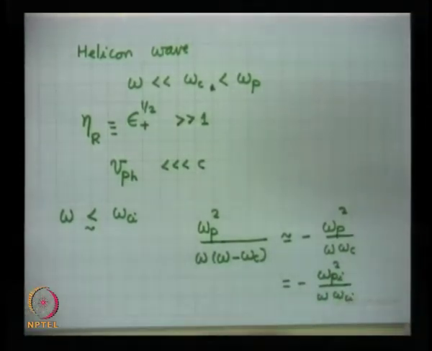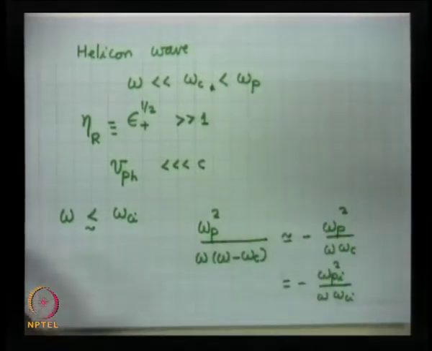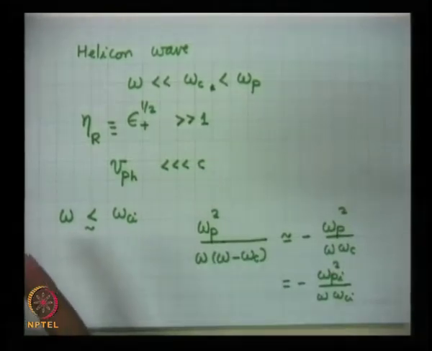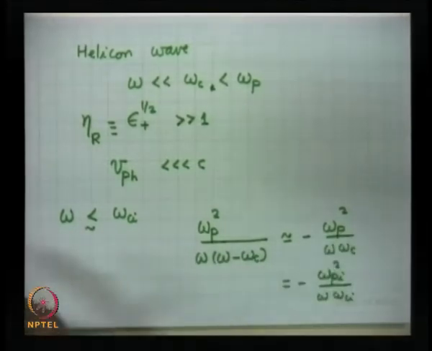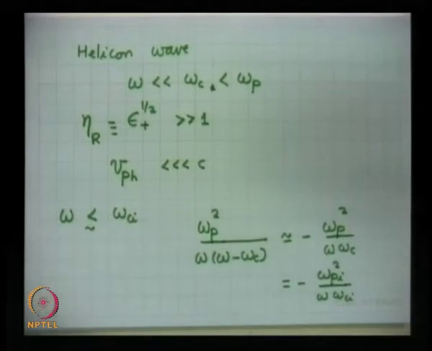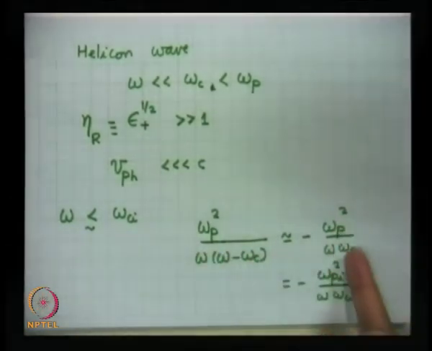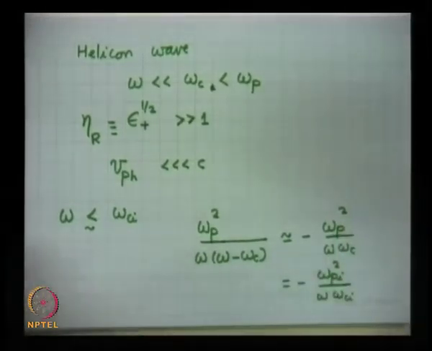Just substitute for omega p: omega p square is n0 e square by m epsilon 0, and omega c is eB upon m. You can equate and you will find that the mass cancels out and they are exactly equal.